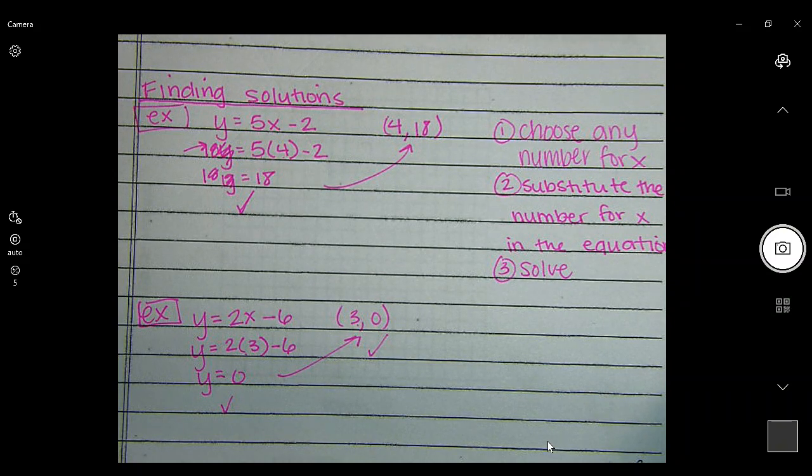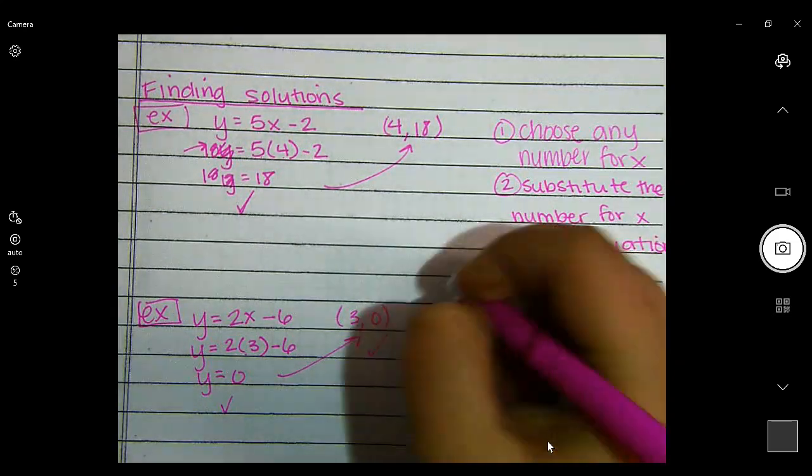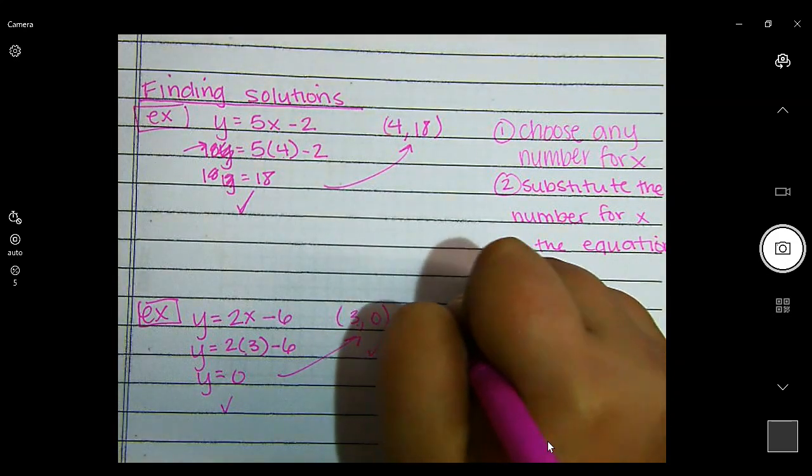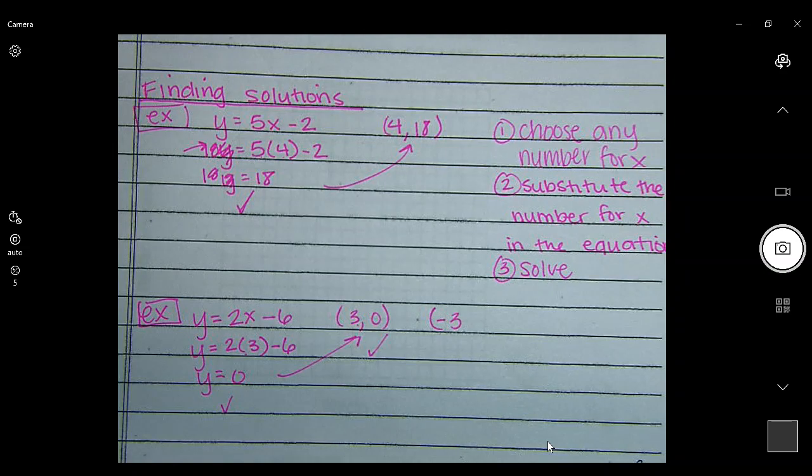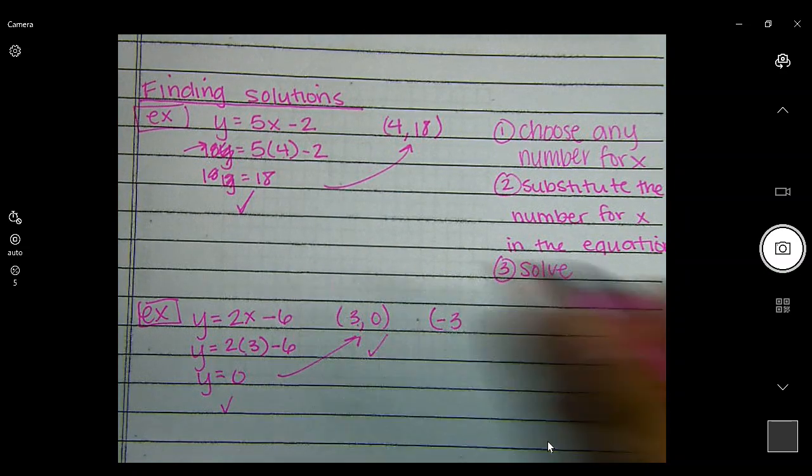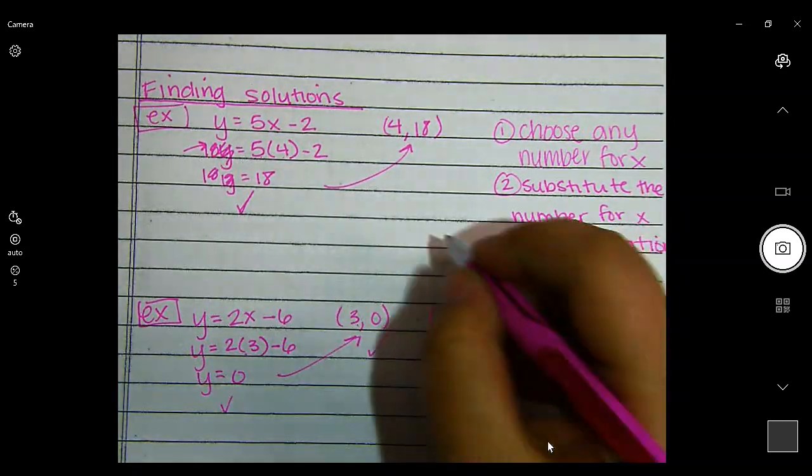Okay, so using the same equation, I want to find a different solution because remember, each line has an infinite number of solutions. So I am going to choose a random number. In this case, I'm going to try a negative. So let's do -3 and see where we end up. So I'm going to substitute that -3 in for x over here.